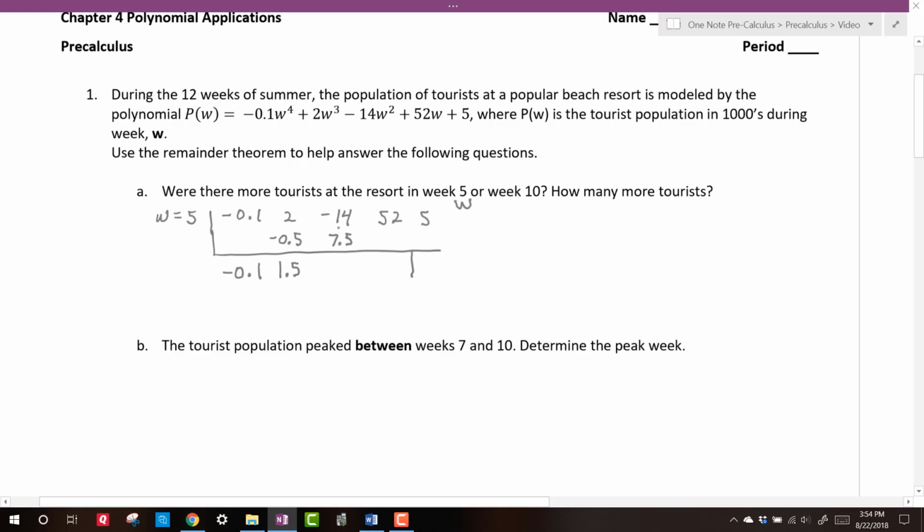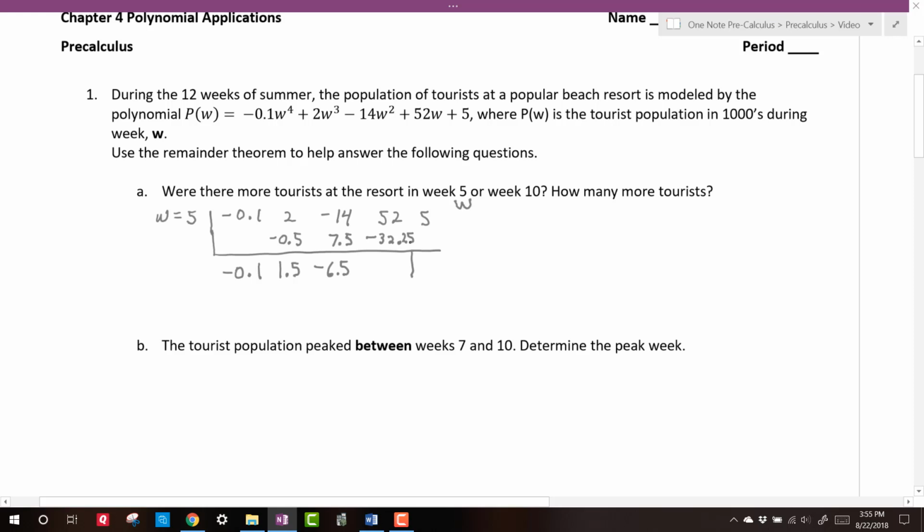And so negative 14 plus 7.5 would be negative 6.5. Now if you multiply 5 times negative 6.5, this is going to be negative 32.5. Boy, it's getting ugly here, isn't it?